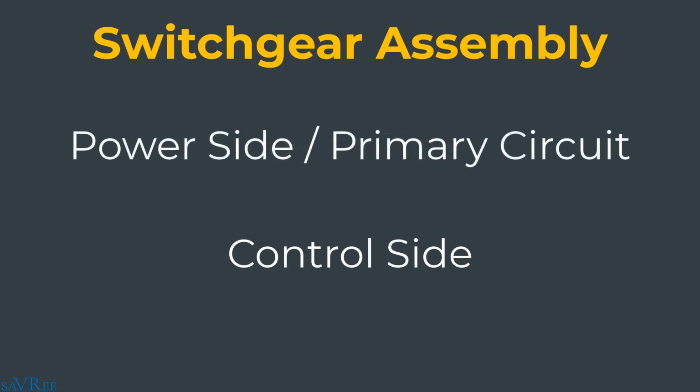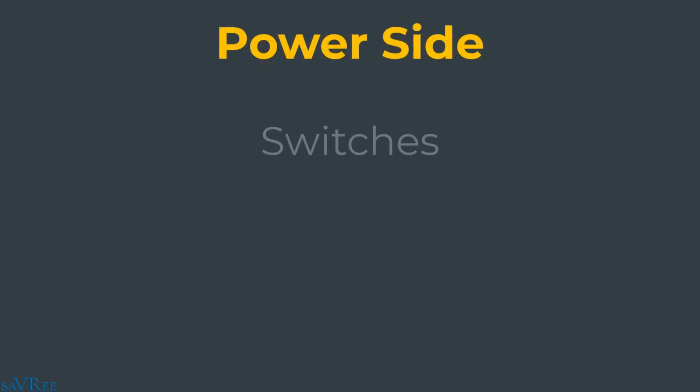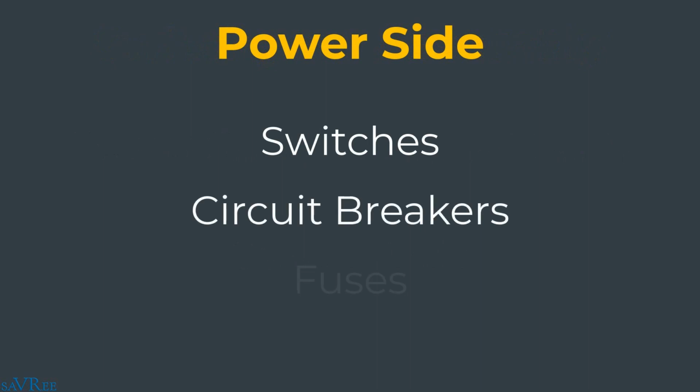If we've got a 1000 volt system and we have switchgear installed within that system, then our primary circuit is a 1000 volt circuit. The power conducting components within the switchgear would include things like switches, circuit breakers, and fuses. These are the parts that conduct or interrupt the flow of electrical power. Switchgear also has a control system side.